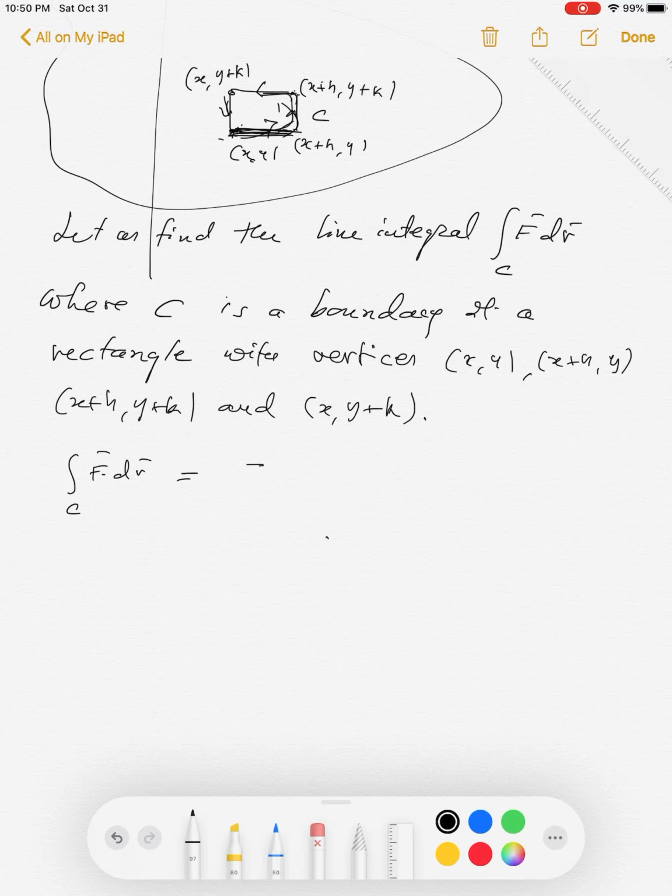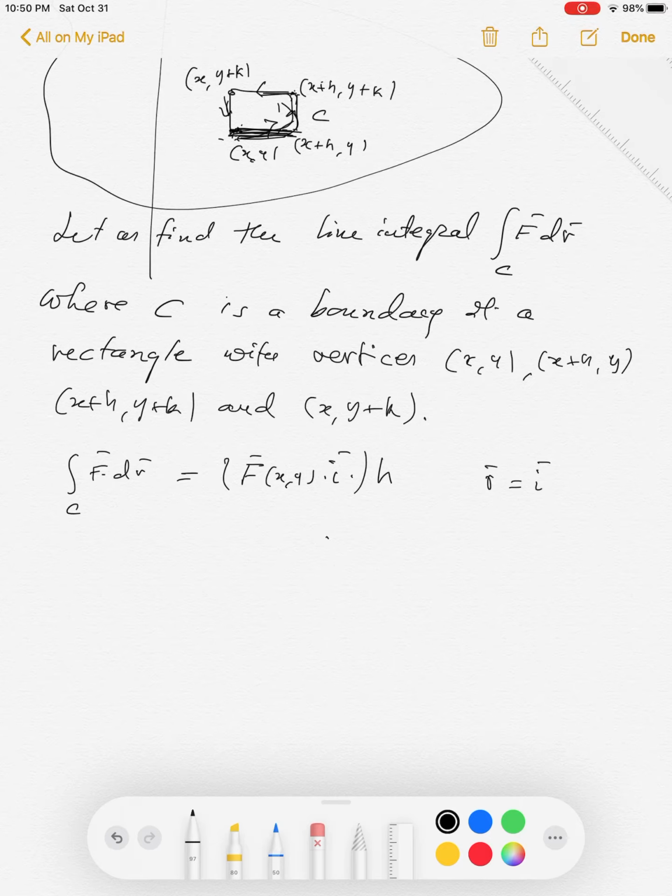So I take the component of f bar in the i direction, because here dr bar is along i bar.